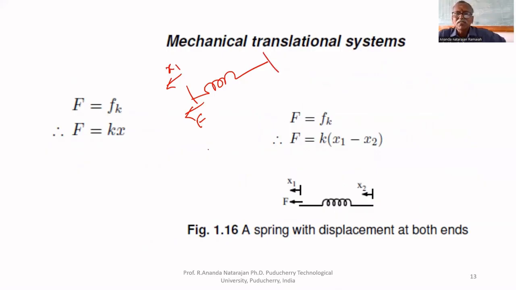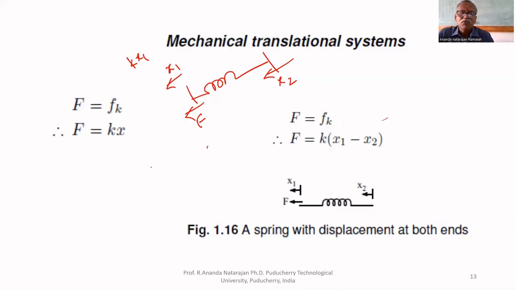Therefore, the force developed in the spring is kx1. But if this end is also moving a distance of x2, the total elongation is x1 minus x2. Am I correct?